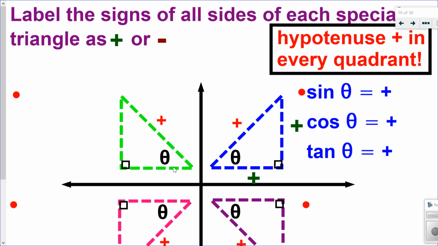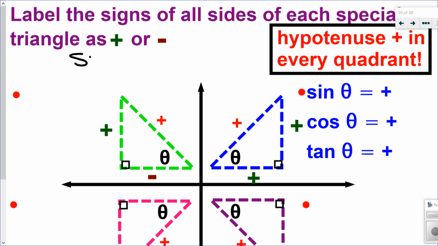If I look at quadrant number 2, looking at this triangle here, along the x that's negative. The height along the y is positive, because in quadrant number 2, x is negative, y is positive. So the adjacent side is negative, and any trig ratio involving an adjacent would be negative.